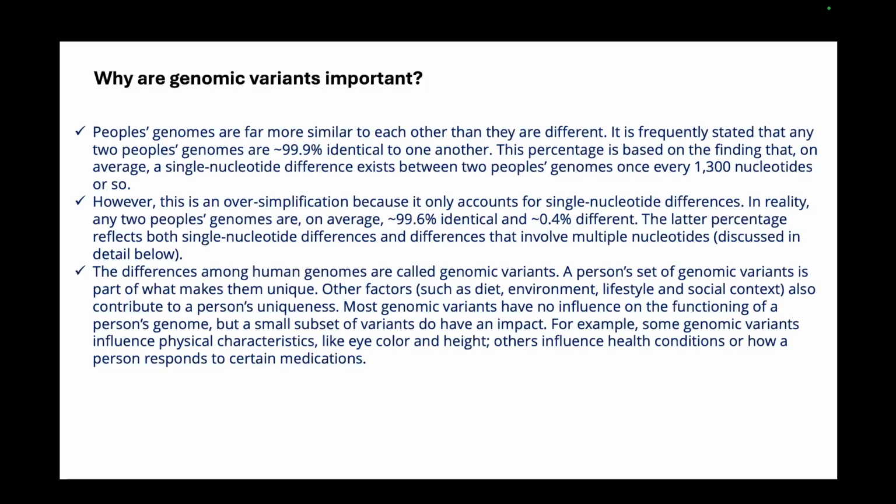There will be variants in particular individuals which will contribute to drug resistance. There will be variants that will be susceptible to the drug. So there can be different varieties of these variations that can influence different aspects of health, disease, and even medications.